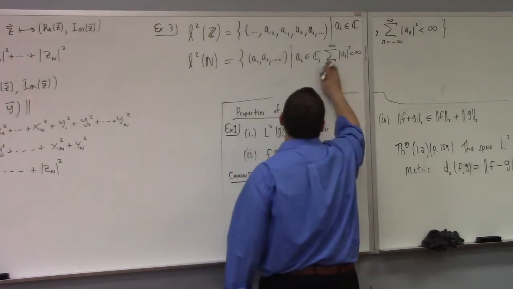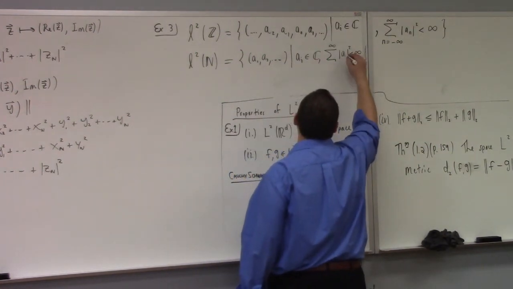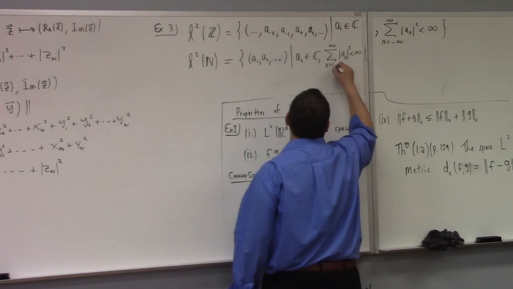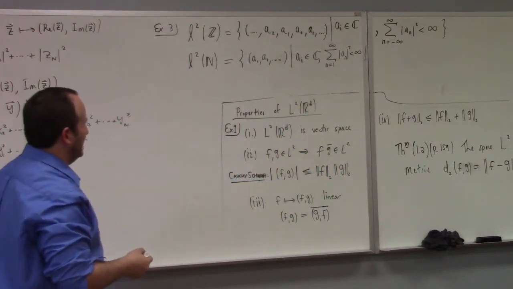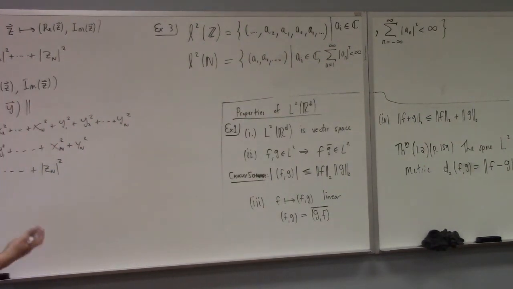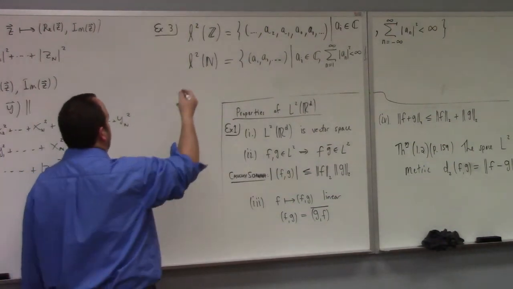And that was supposed to be an N, sorry. I should have my index of summation matching my formula. This is L2Z, L2N.